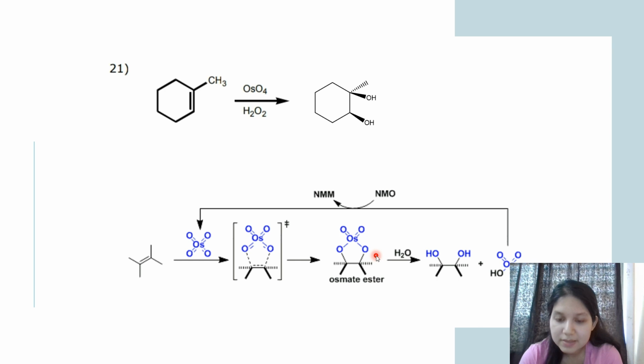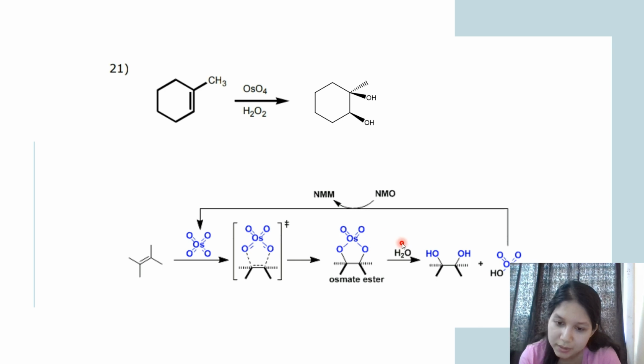And in the final step, what happens? The water molecule will come. This will give its electron pair to this osmium, which will lead to the formation of this O double bond.